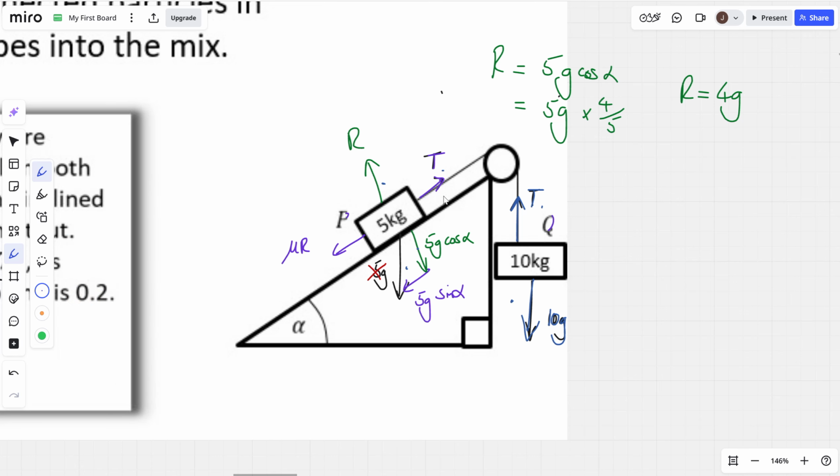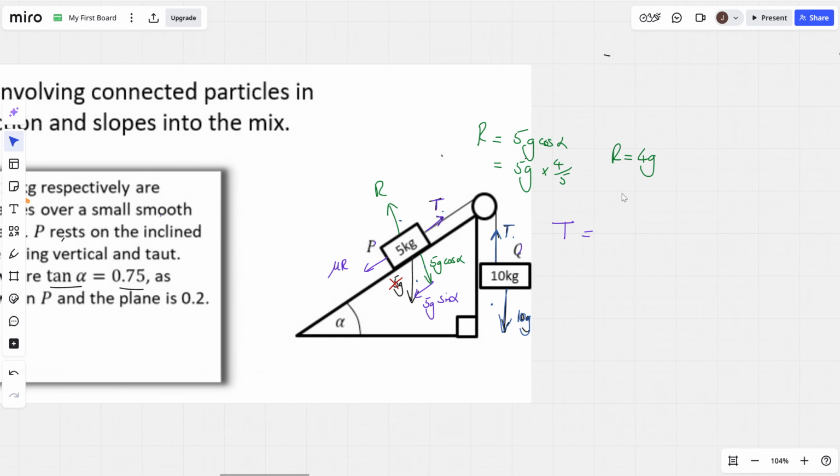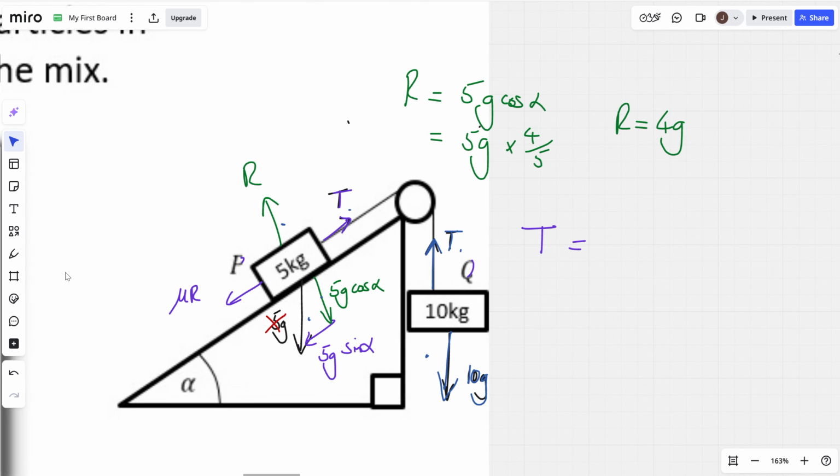How about this purple equation? Well, I'm going to do T, and I'm not going to do an equals, because this whole thing's moving. Find the acceleration. There's acceleration, so it's not an equals scenario. If you think the thing has acceleration, what you want to do is set up an F equals ma.